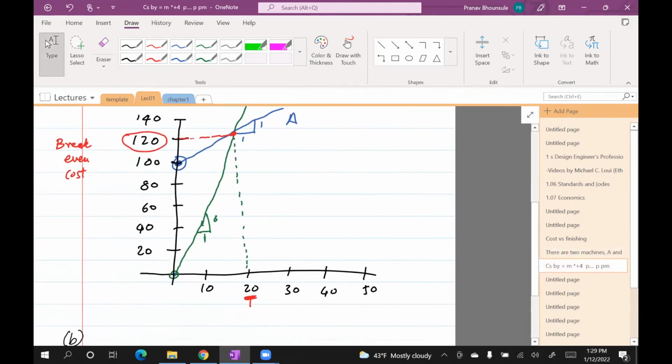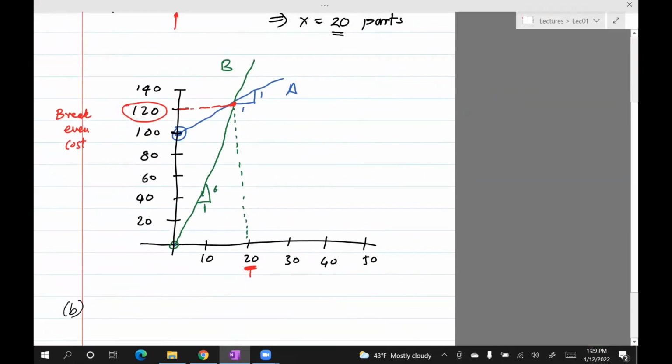So you can actually do this much more easily just by looking at the figure. If you look at this plot, you can see that if you're on the left side of 20, then the cheaper of the two would be going with machine B, because the green line is below the blue line, or the line for B is below the A line.